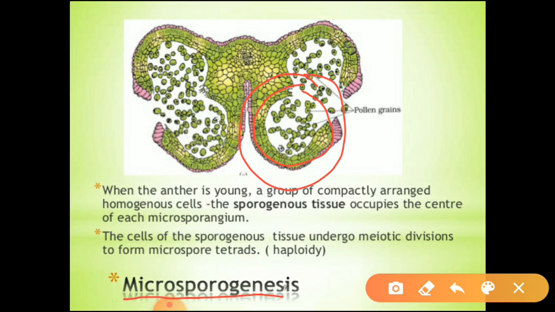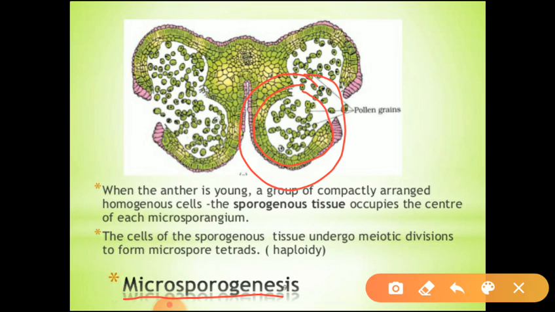In which way does it produce pollen grains or microspores? It undergoes meiosis cell division and in this way it produces 4 haploid microspores or pollen grains. These 4 haploid microspores we can also call microspore tetrads.